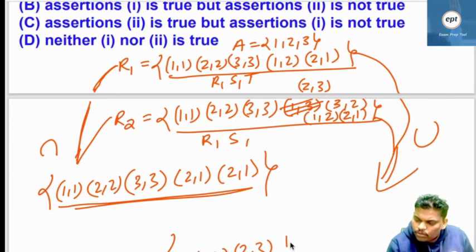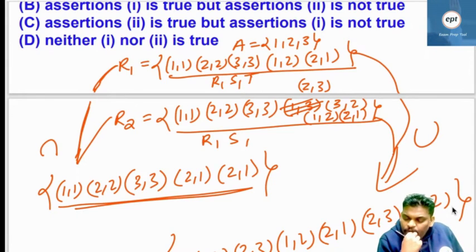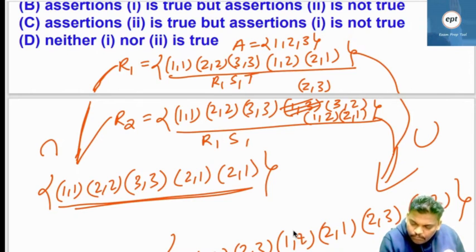Next one. 1, 2, 2, 1 also will come. No problem. Next one. 2, 3 will come. 3, 2 also will come. All pairs will come. Right? But see the problem. Everyone listen. But see the problem. 1, 2, 2, 1.